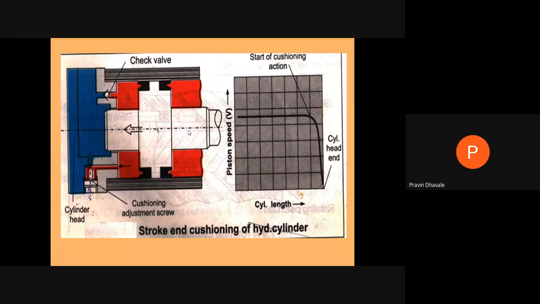So slowly, or gradually, it reaches the end of the stroke. It will not impact the cylinder head, and it cannot damage the cylinder. That process is called cushioning of the hydraulic cylinder. For that purpose, certain arrangements like this needle valve and one way check valve are provided at the cylinder head in order to avoid sudden impact of the piston on the cylinder. This diagram shows how the velocity of the piston goes on reducing.